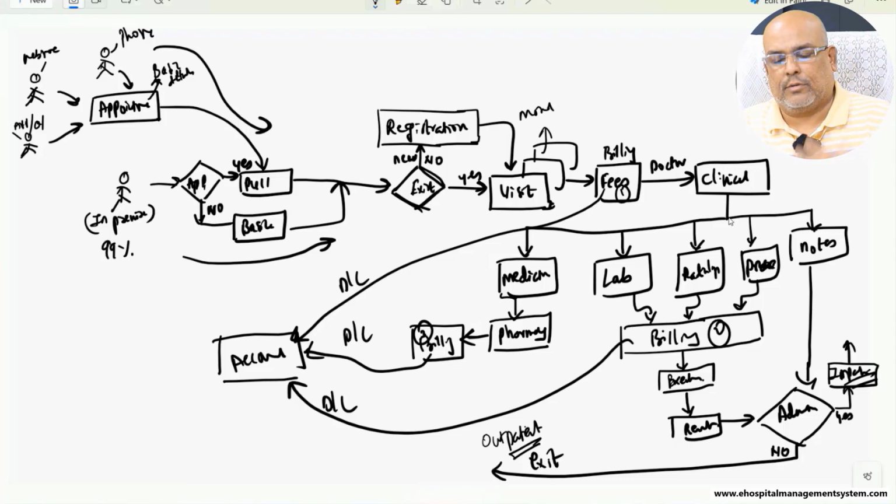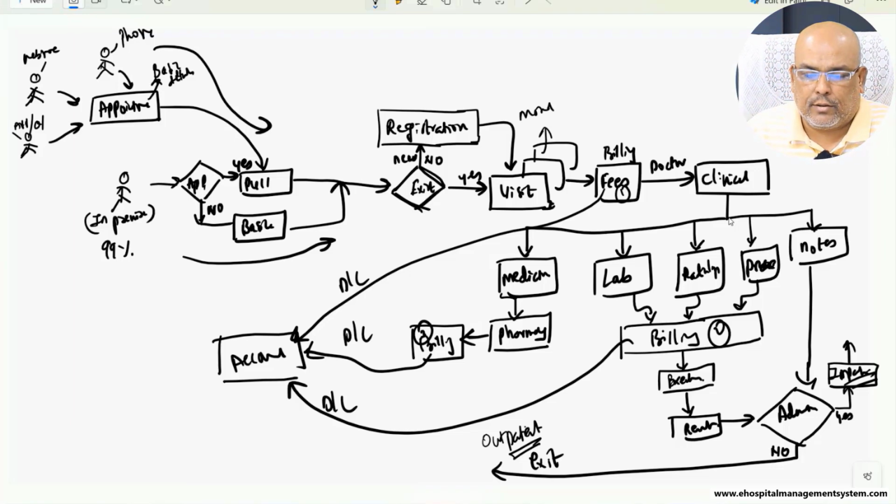But this is what I feel a basic HIMS and an EMR should have: an appointment system, a basic registration, and make sure that you don't have duplicates. Visits, so if he comes today, tomorrow, day after tomorrow. He pays the doctor fees, the appointment fees.